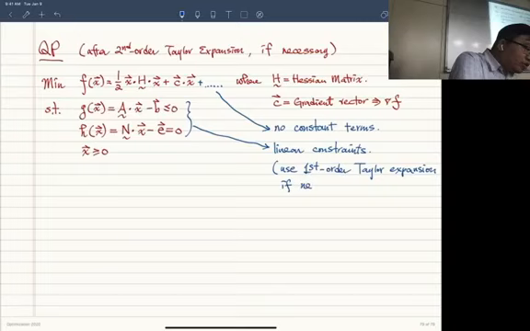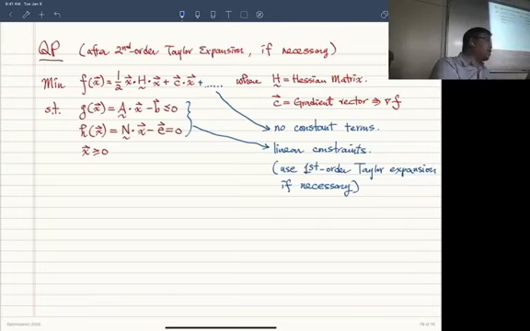If the problem originally has one or several nonlinear constraints, you need to do first order Taylor expansion to get linear constraints. Otherwise, quadratic programming cannot handle those. So that's the limitation of QP. We handle a second order objective and first order constraints. So this is the standard format.